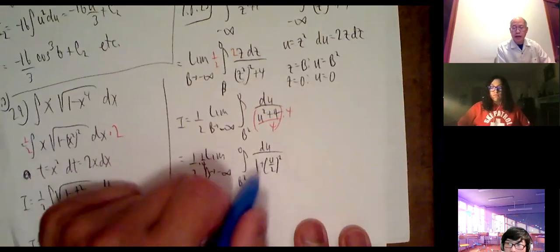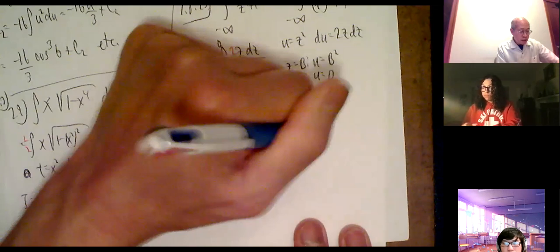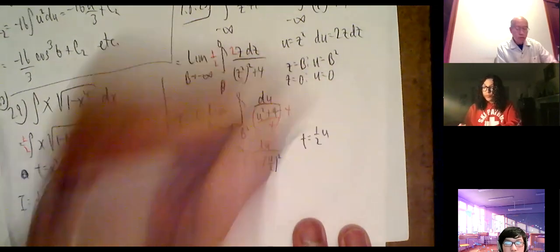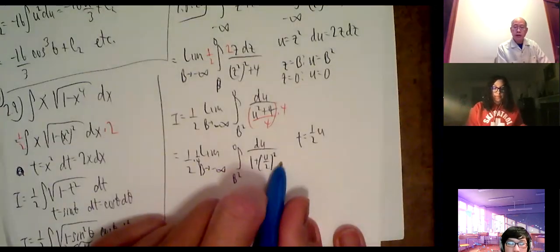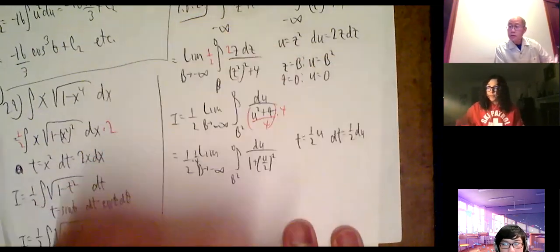Which means I substitute again. I already used up u, so how about I call it t? t equals u over 2, half of u. dt equals 1/2 du.